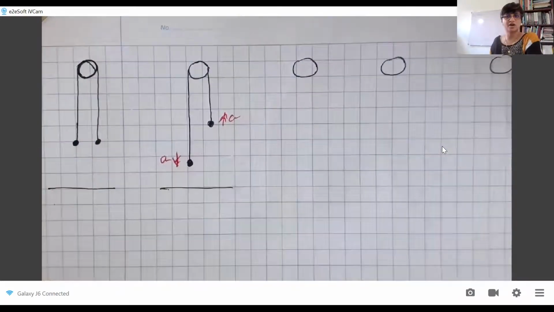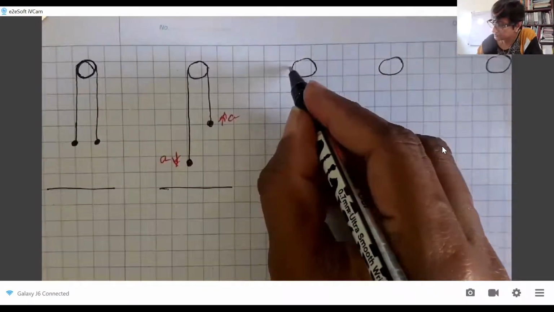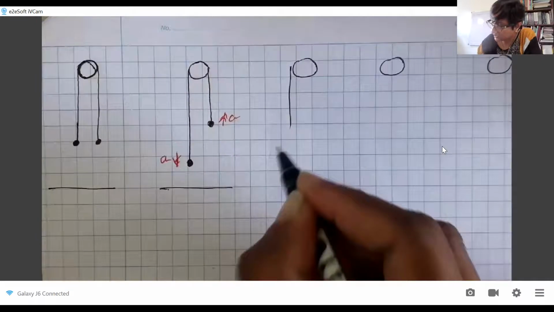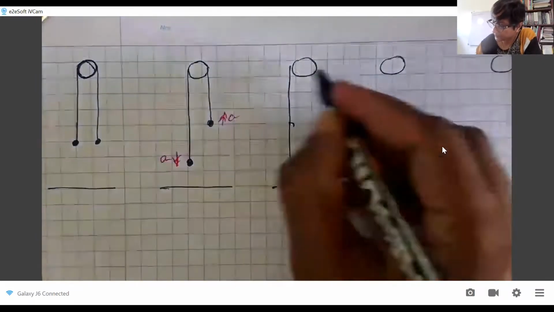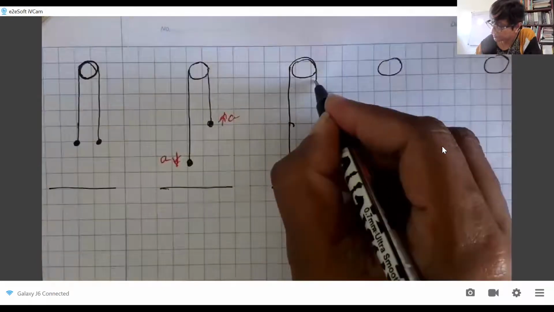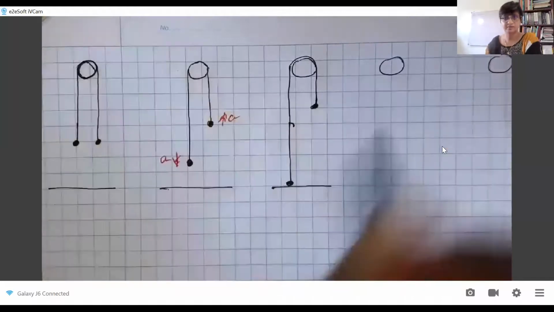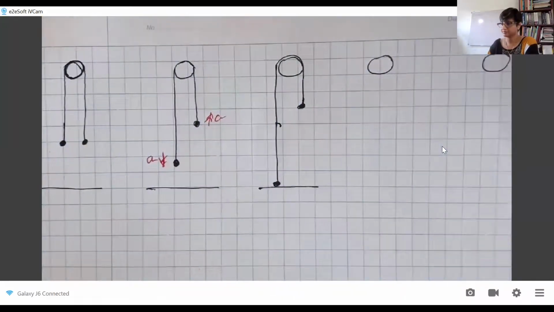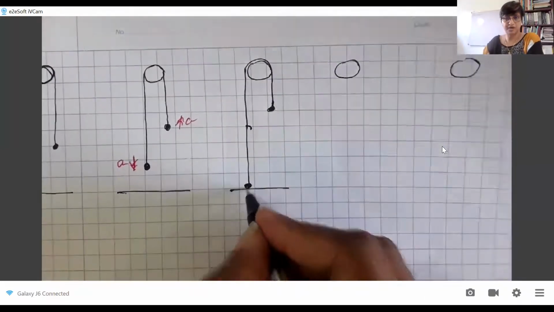It's very close to the ground. Here's the point where A hits the ground.